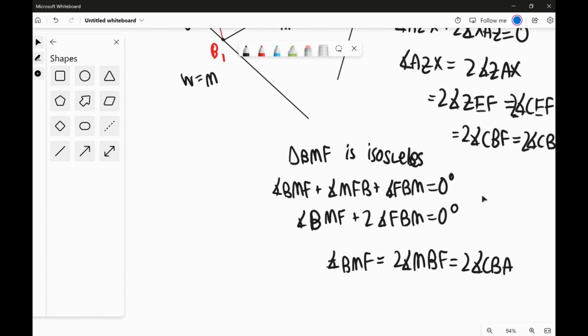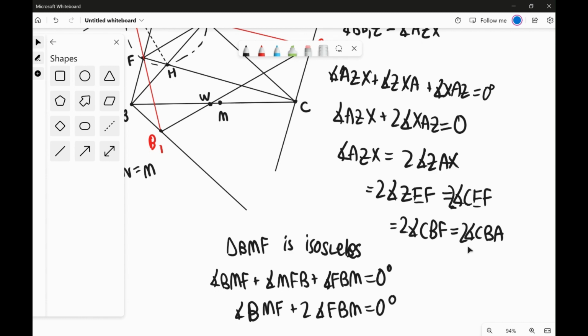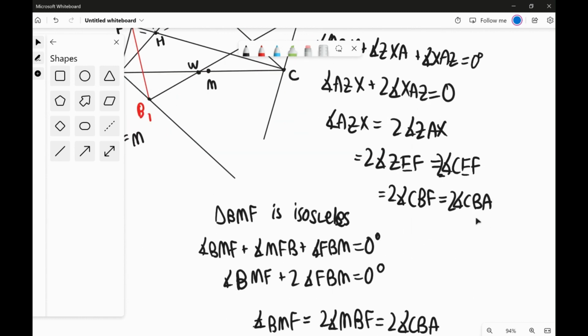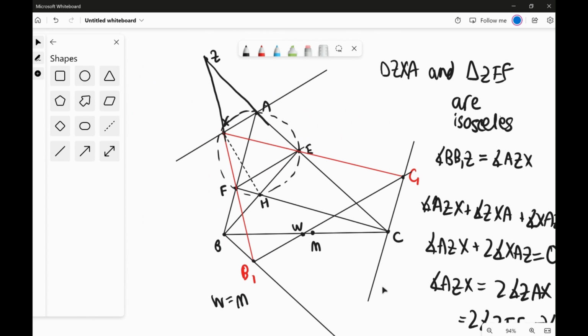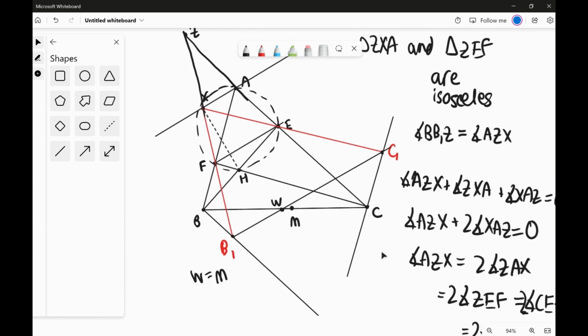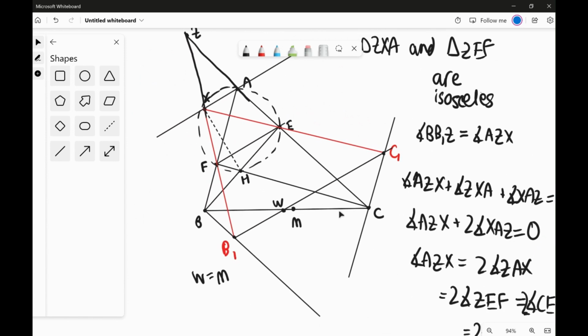Recognize this? It is just equal to directed angle BB1Z and that's equal to BB1F. BB1Z equals BB1F, which is also equal to BMF. So therefore, BFMB1 is cyclic.